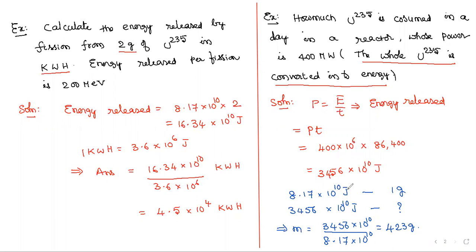But I say, that's why I changed the color here. This is absolutely wrong now. Whatever I am going to highlight here, this method is a wrong method. You may ask, why is it wrong, sir? See here, what he gave in the bracket, you did not understand properly. He did not say the whole uranium-235 taken in the reactor undergoes fission. Not mentioned here that the whole uranium-235 is fissioned.